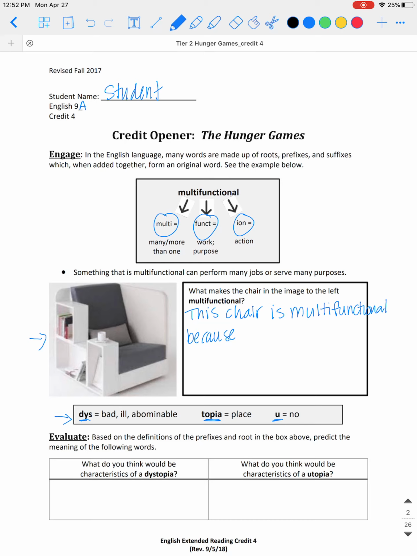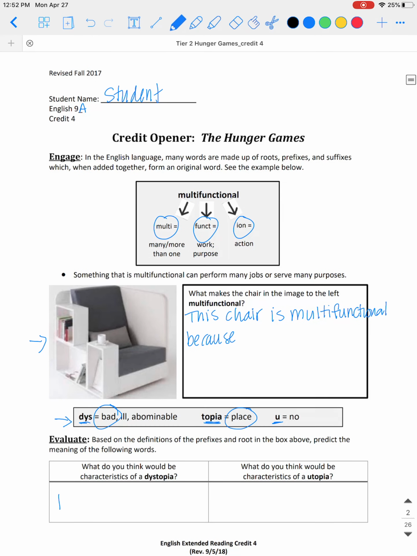So based on the definitions of prefixes and the root above box, predict the meaning of the following words. What do you think would be characteristics of dystopia? So we're looking at the word bad place, okay, or ill place, or abominable place.